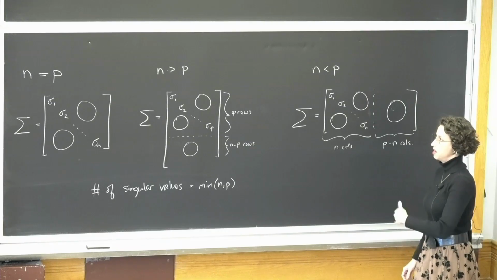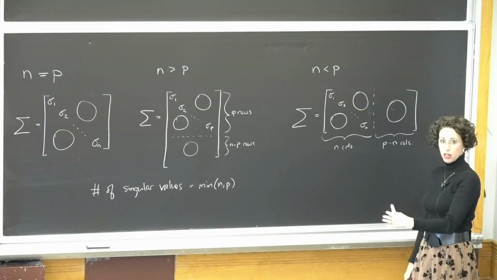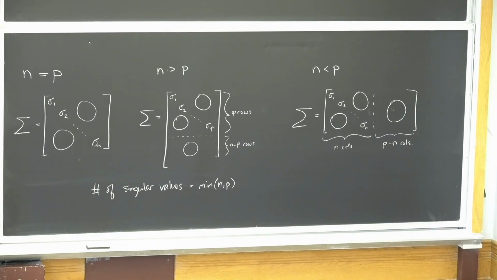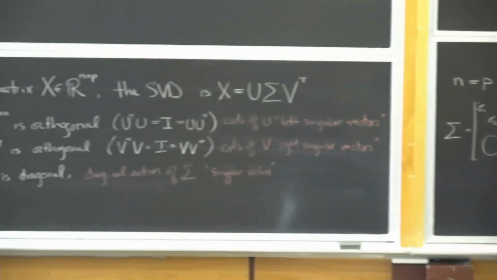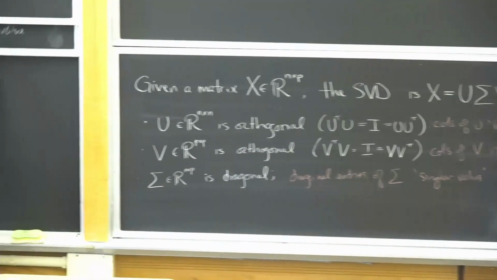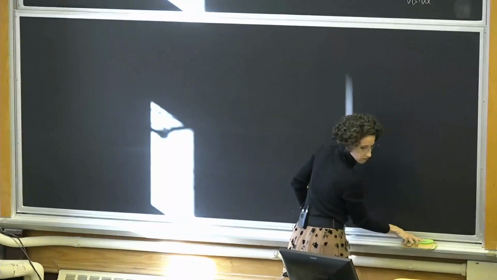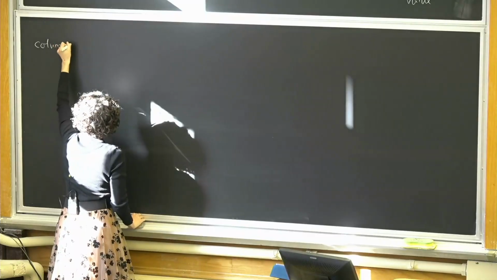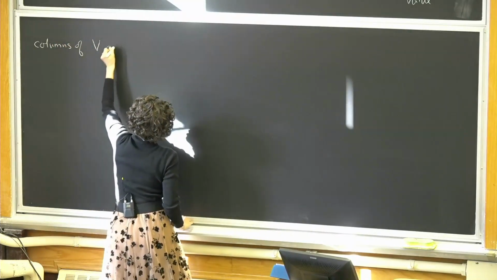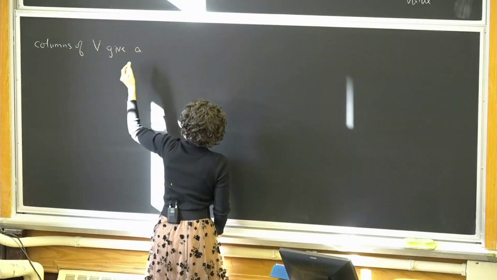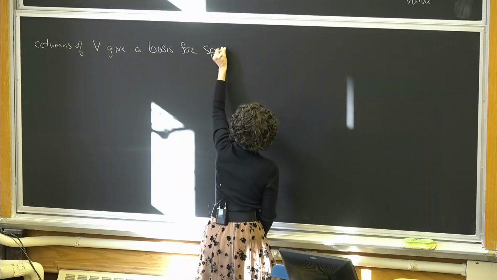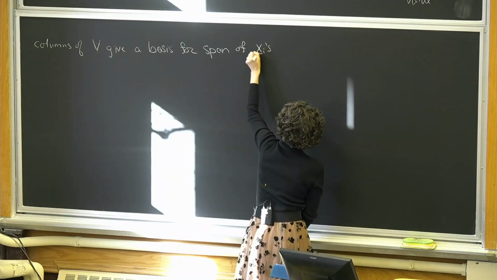Okay, so now what I want to do is connect this to everything that we talked about last time and at the beginning of today about finding 1D subspace fits to collections of data. In particular, the columns of V are going to give a basis for the span of the xi's.